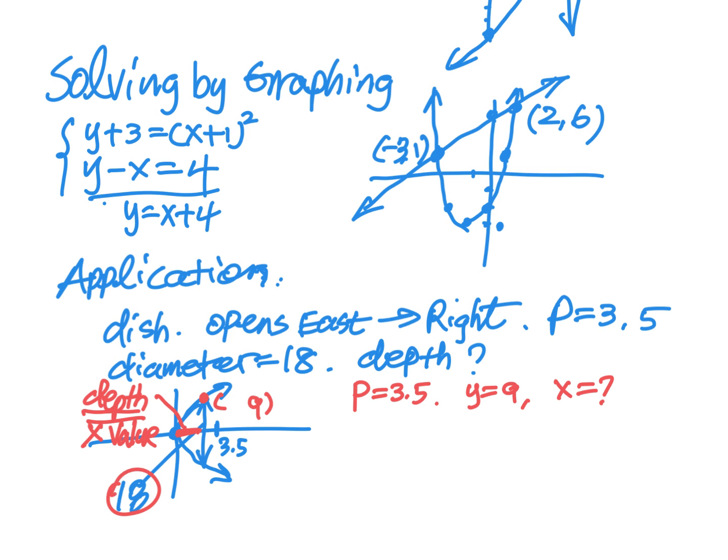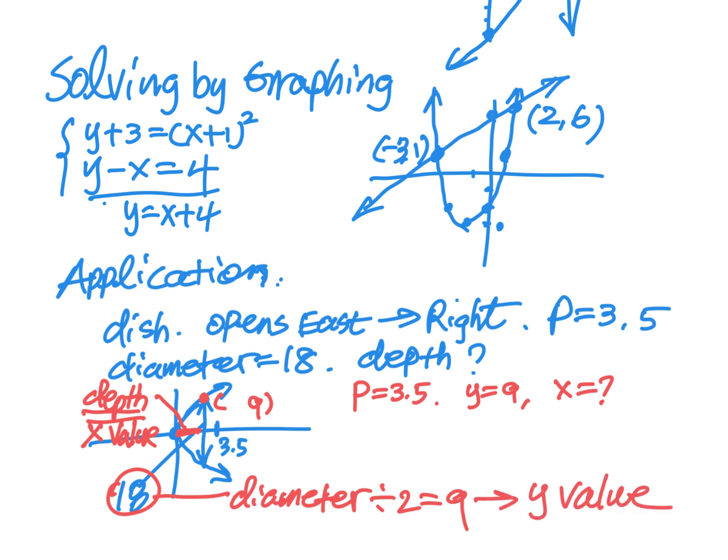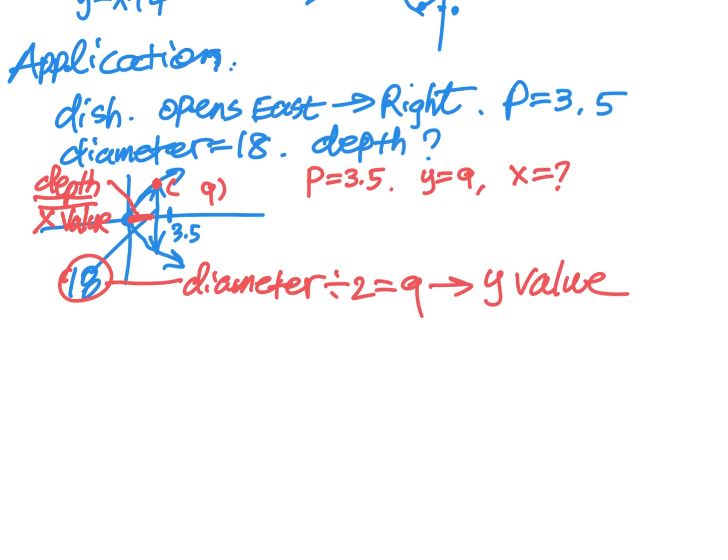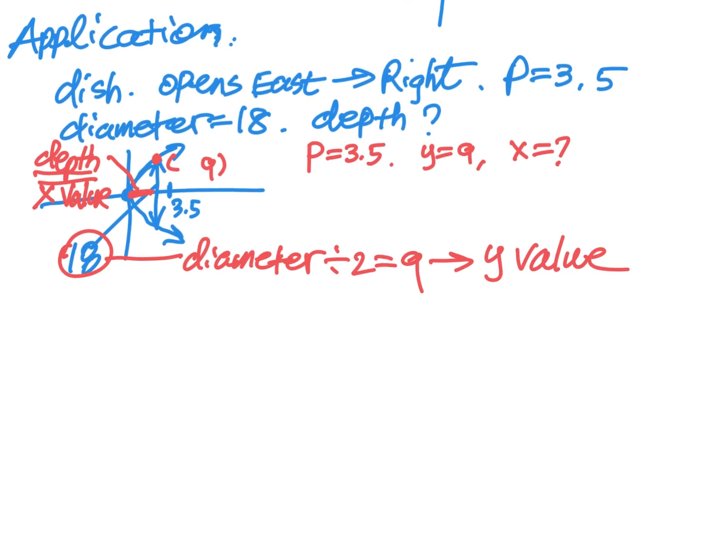And the diameter divided by 2 is equal to 9. This is your y value. So if you have P, you have a y value, you find the x.